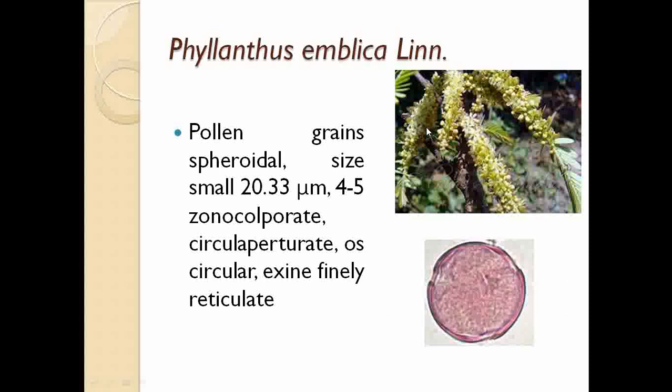Some species of this also show 5 zonocolporate structure, or 5 apertures are present here, while the exine is reticulate and the exine size is generally 3 micrometer. The overall size of that pollen grain is 20.33 micrometer.